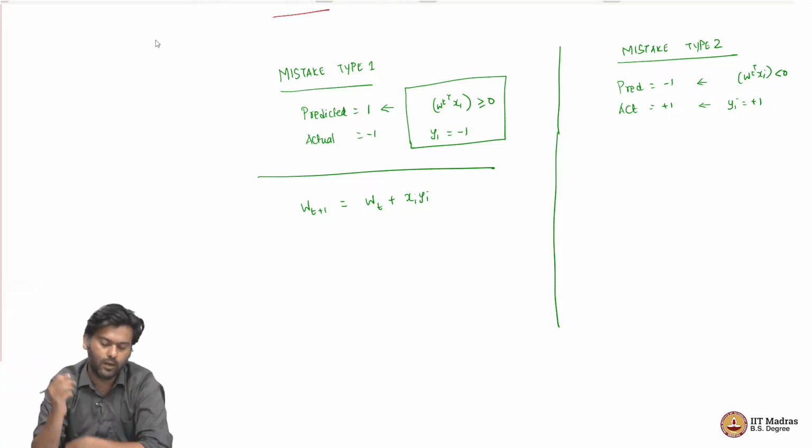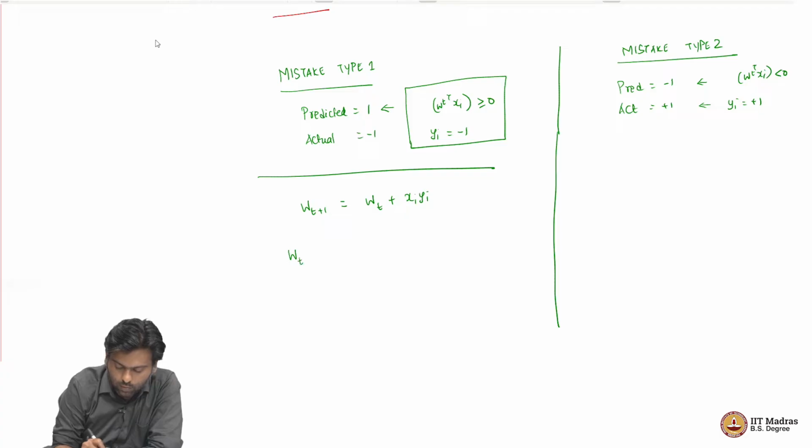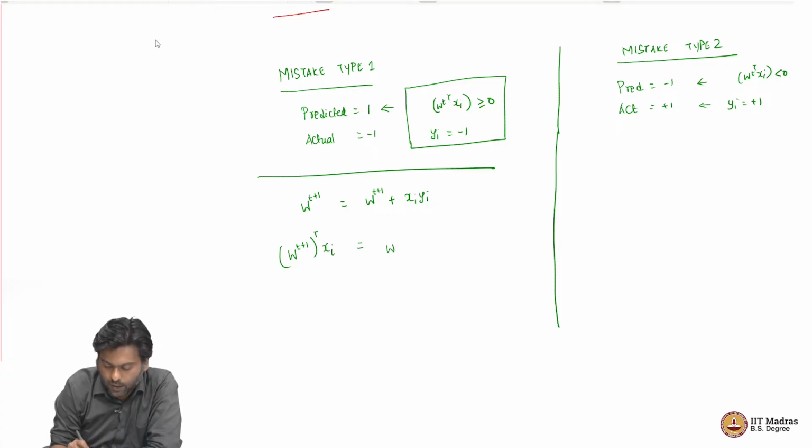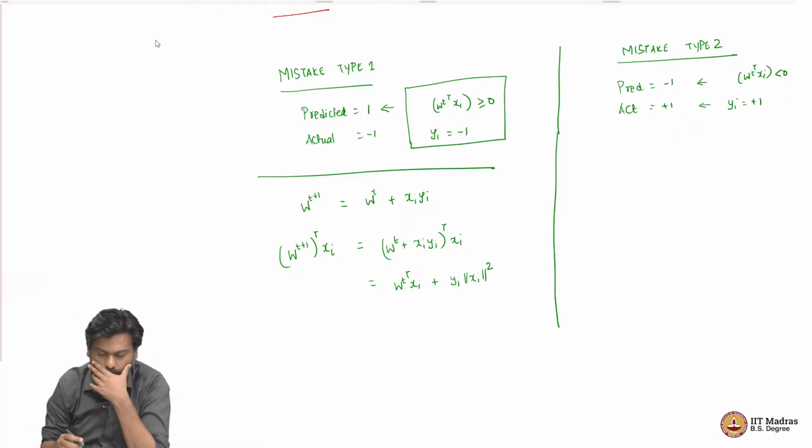So, I should look at W_{t+1} transpose x_i, which by definition is (W_t plus x_i y_i) transpose x_i, which is W_t transpose x_i plus y_i times x_i transpose x_i, which is norm x_i squared.